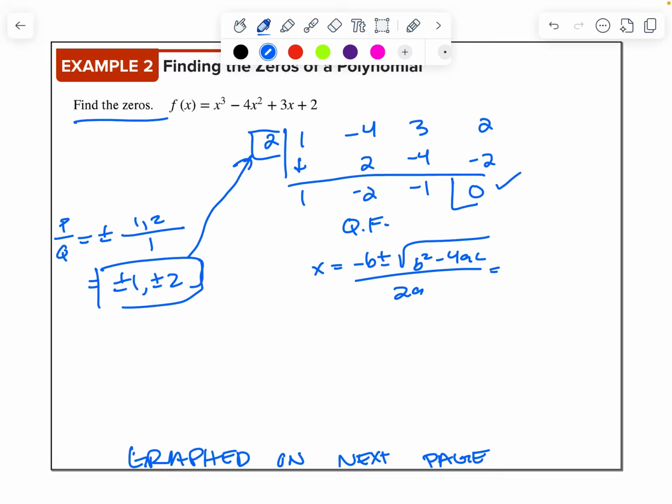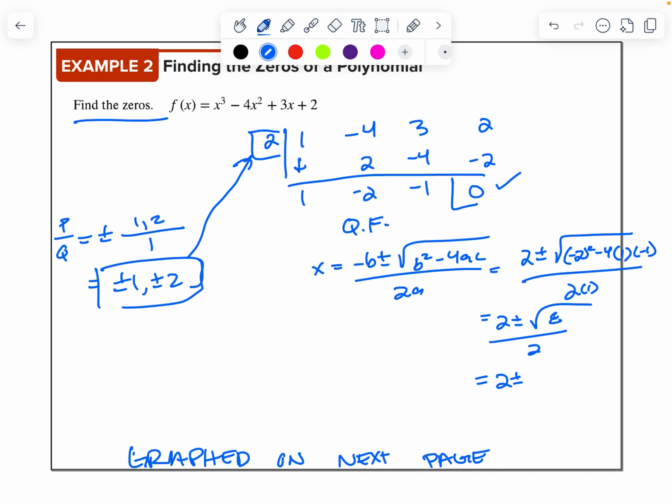And here's what our quadratic formula looks like. X equals negative negative 2, which is positive 2, plus or minus square root of negative 2 squared minus 4 times 1 times negative 1, all over 2a. That would be 4 plus 4, which is 8.